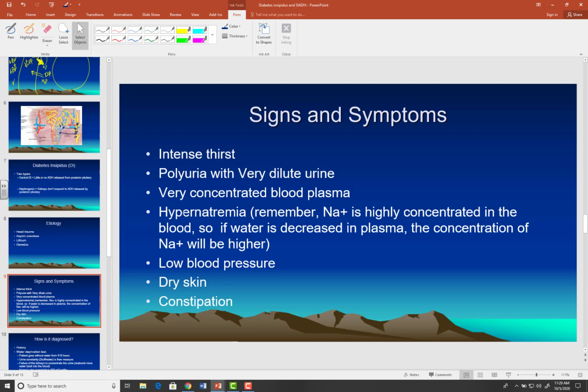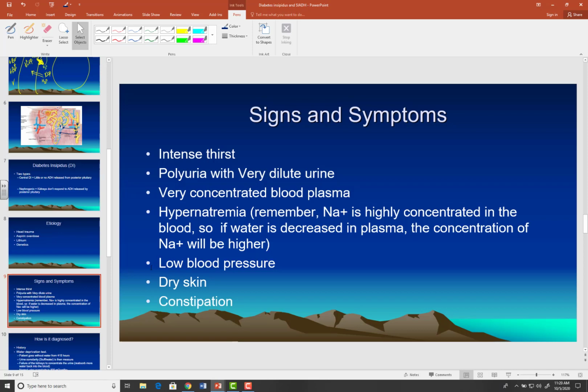Now, this is a concentrated hypernatremia, right? Because electrolytes are measured in milliequivalents per liter. So if you reduce the water and keep the sodium the same, then the concentration of sodium is going to go up.